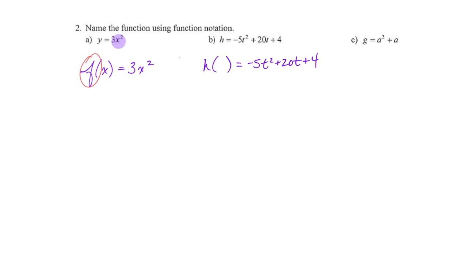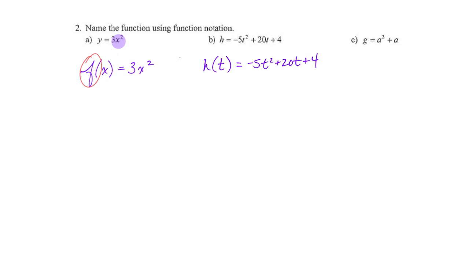Okay, I want you to think about what has to be in the brackets. And I'm hoping that we came to that conclusion. Notice I can't call it h of x. I can't call it f of x because there are no x's in that function. It is not a function of x. It's a function of t.